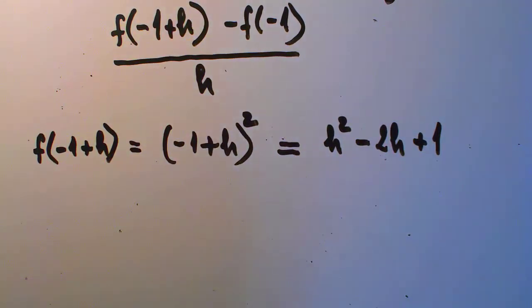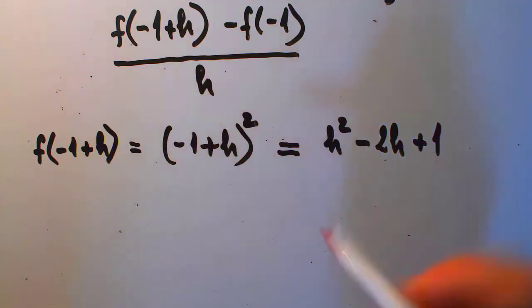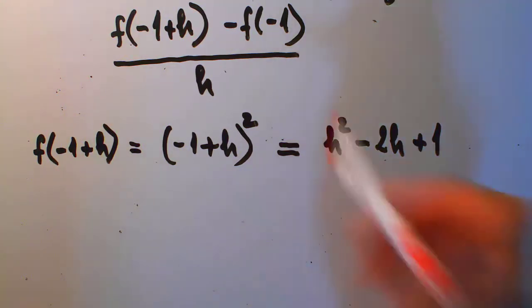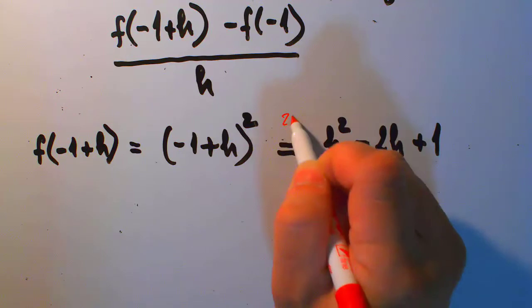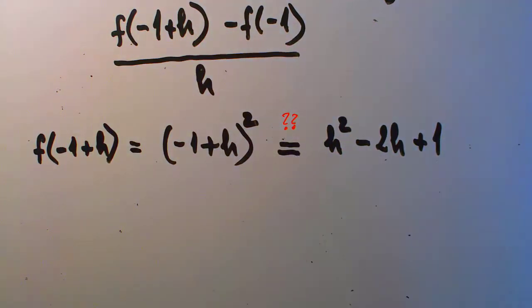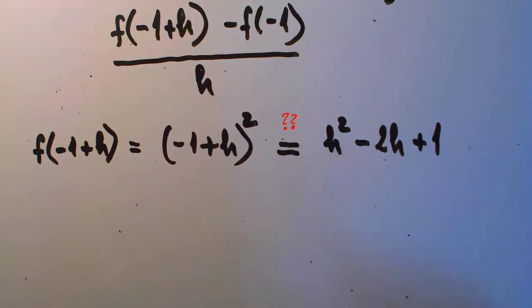And once again, if you need clarification about how I've made that transition between the perfect square of negative 1 plus h in parentheses all squared and turn that into h squared minus 2h plus 1, find my other videos on YouTube or find other videos from other instructors on YouTube. There are plenty of explanations of how this was done.